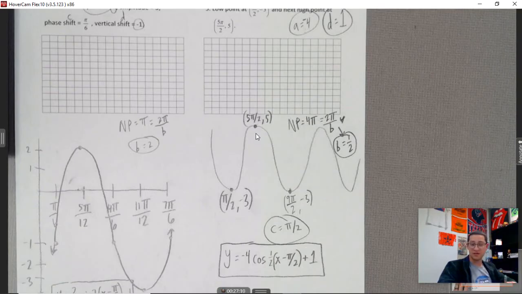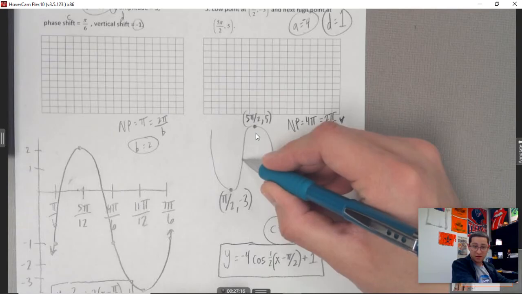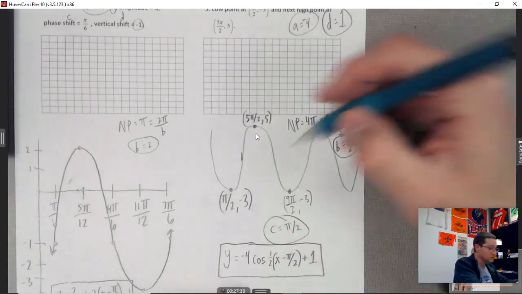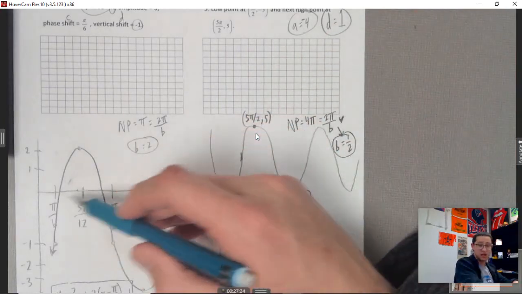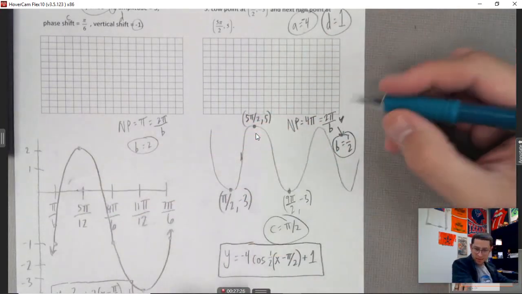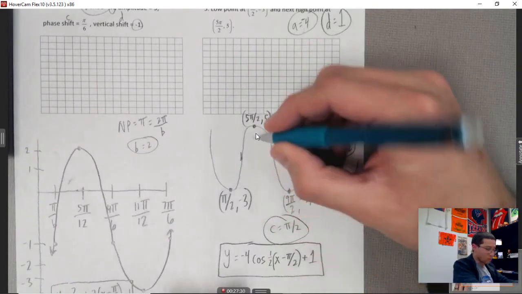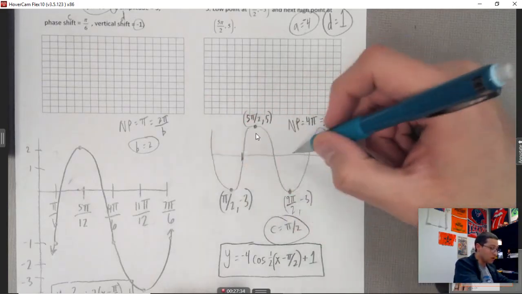But if we want the true values, really the only other value we need to find would be like here, in order to get our x values. So if you wanted to get a more solid sketch, kind of like we've been doing, then you're going to end up adding 4, so that baseline there is your 1.